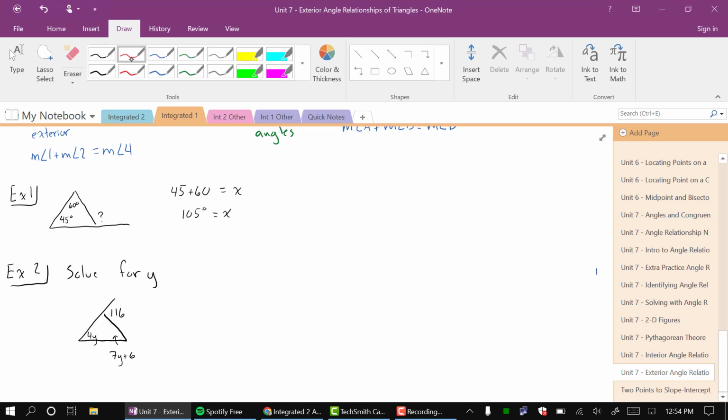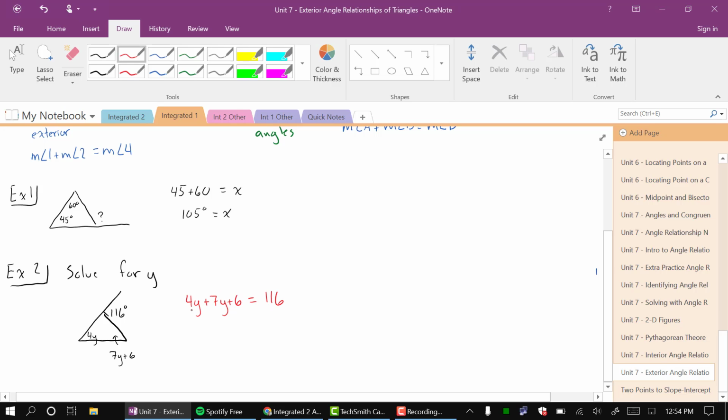So a little more difficult, but not super hard. What I'm going to do is add the two remote interior angles. So my two remote interior angles are 4y and 7y plus 6. So 4y plus 7y plus 6. And those two add together to give you my exterior angle, which is 116.